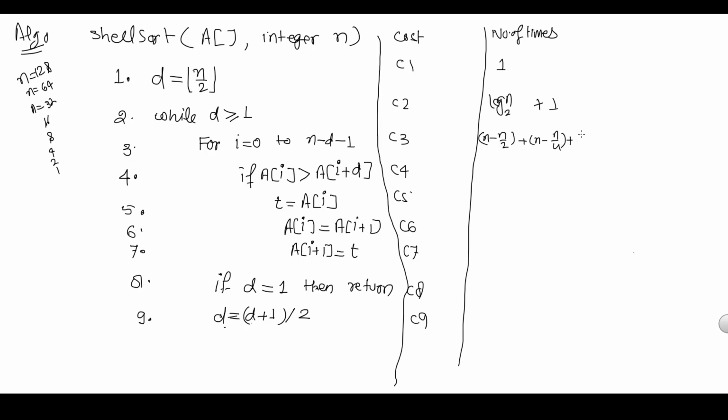Then it will execute for n minus n by 8 times. Then at last, it will execute 1 time.